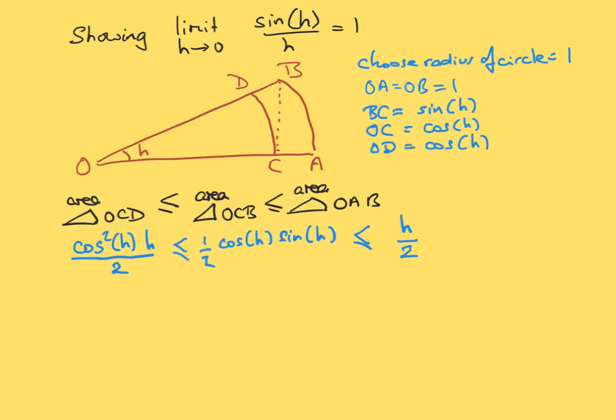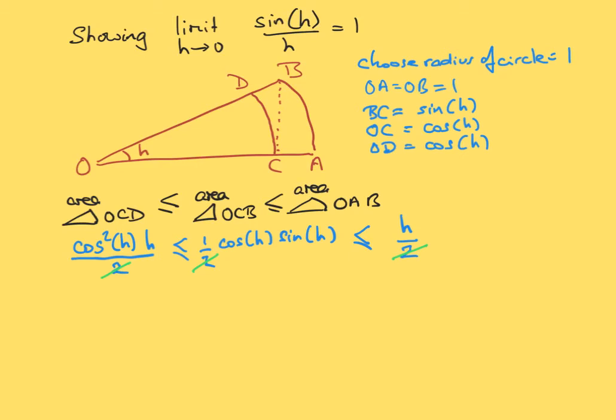So we have these inequalities, and what we want to do is explore what they tell us. You see immediately that everywhere there is a factor of a half, and we can get rid of those by multiplying all the terms by 2, and that does not change the inequalities, since multiplying by something positive is no problem whatsoever. Then I also want to divide everywhere by a factor of h.